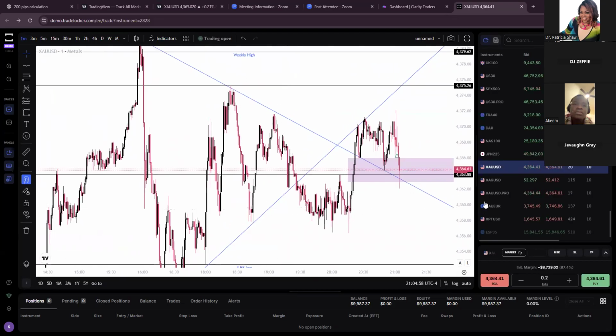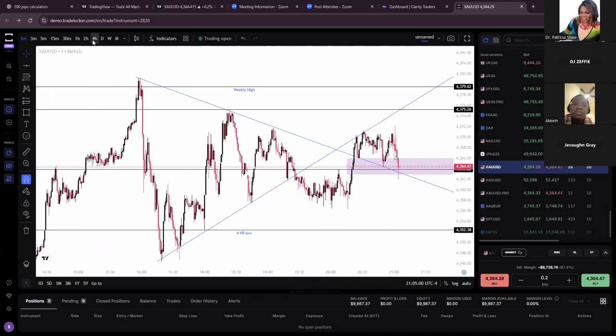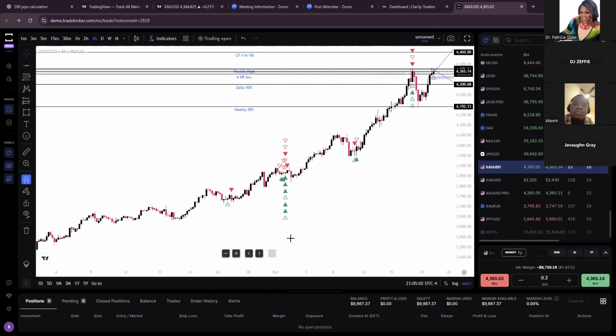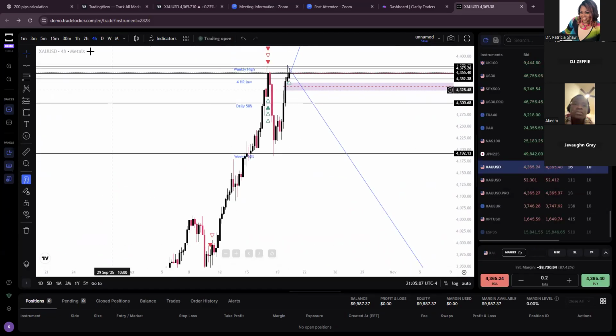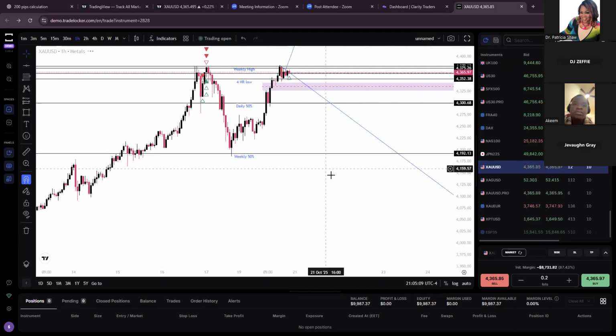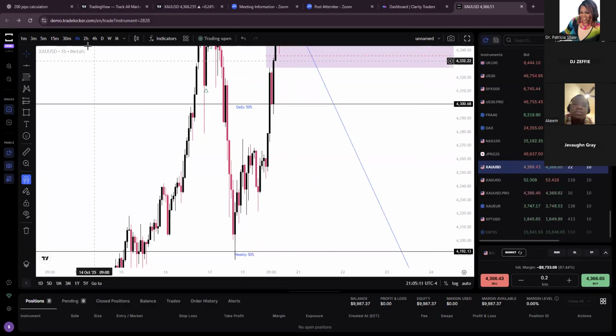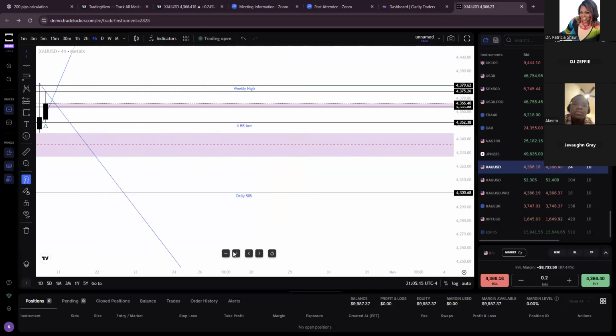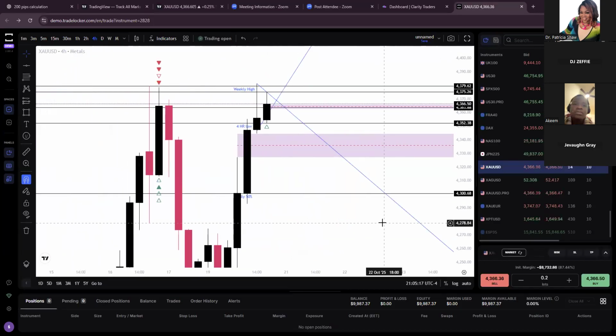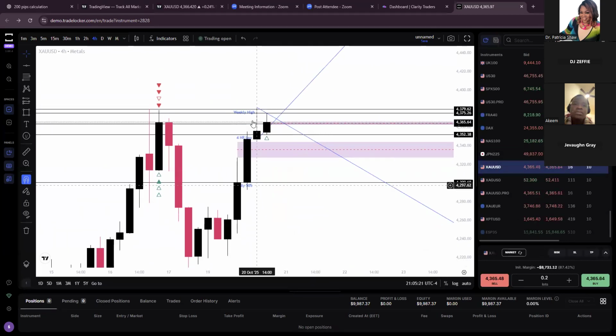We're getting a retest on this trend line here. So the only area that we're going to wait for it to break is the inside bar here on the, is it the hourly or the 4 hour? This last 4 hour candle was really bearish.